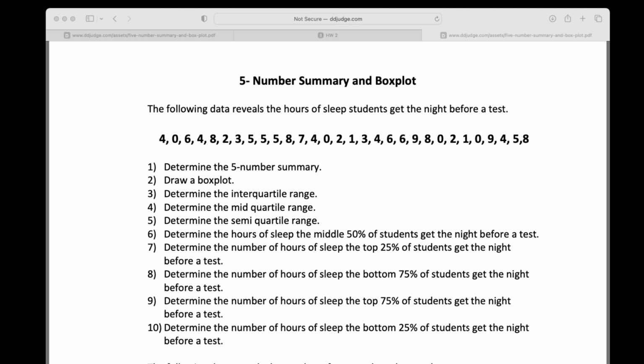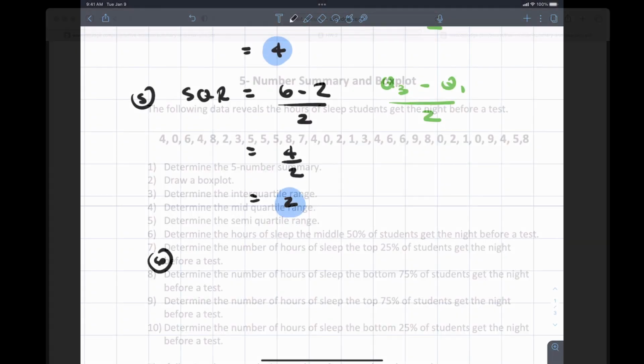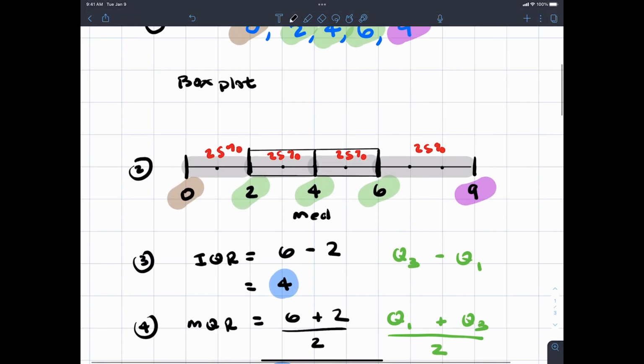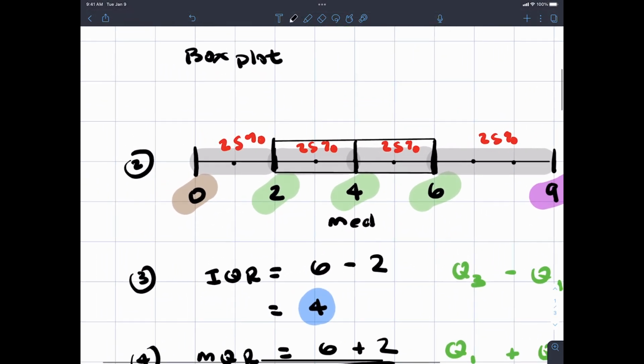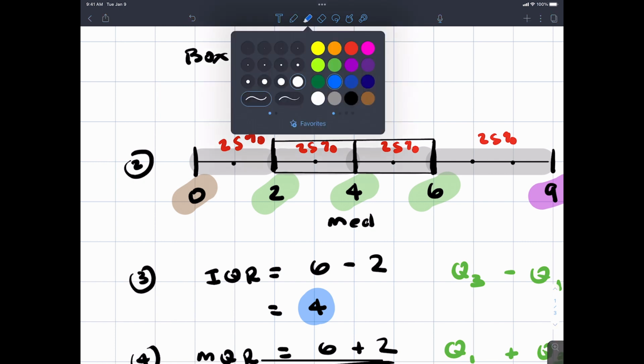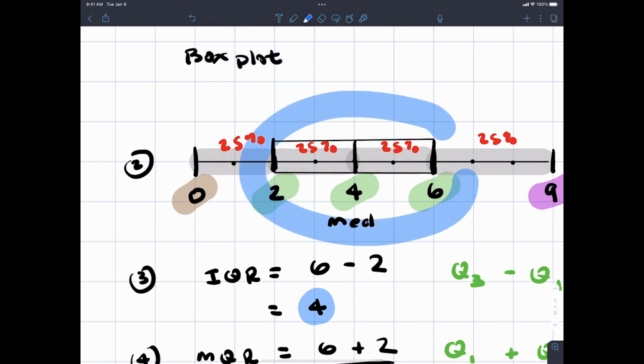So what do you think they mean by the middle 50%? They want to know the hours of sleep for the middle 50%. What do you think that means? If I go back here, what do you think that middle 50% would be? See this here? They're talking the middle 50%, 25 and 25. So what does that mean?